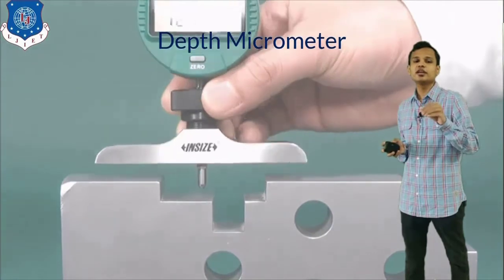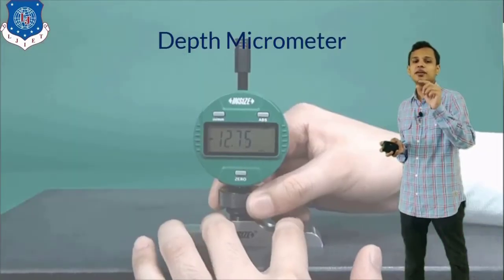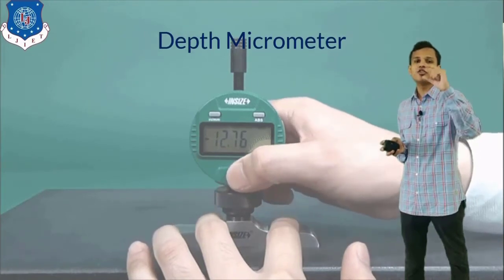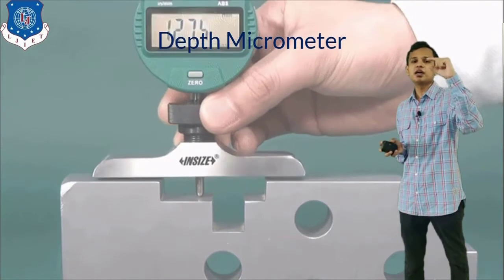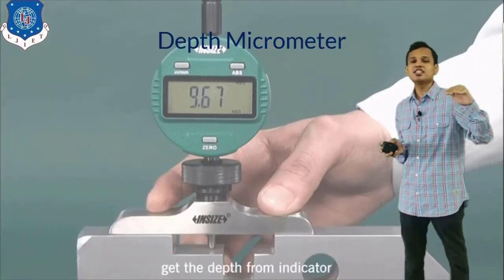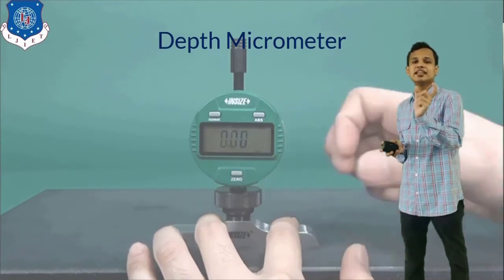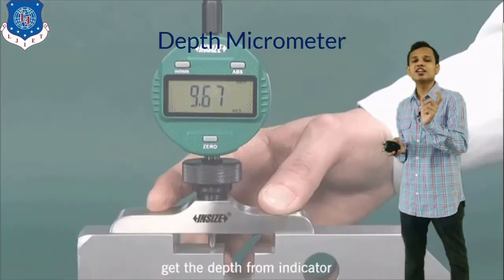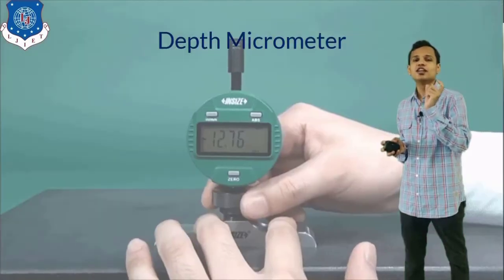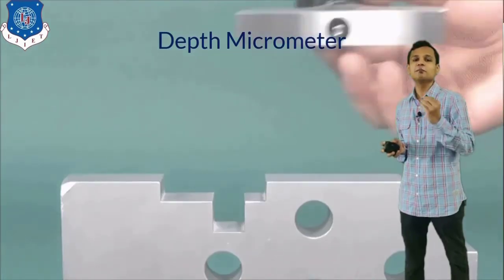After that zeroing, the micrometer is placed on the surface whose depth needs to be measured, and the shaft comes out from the micrometer. When it touches the surface, the value is read from the digital screen, and we don't need to look at a scale in this. The digital screen shows the depth of the component being measured.